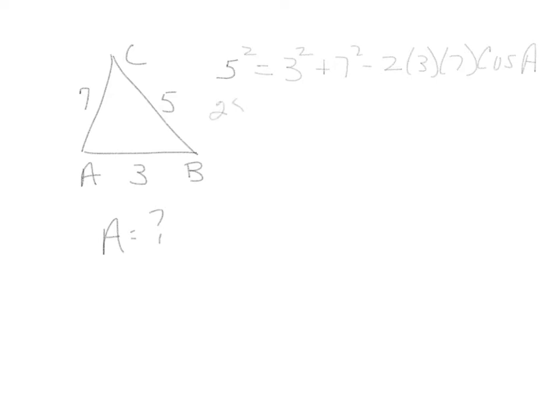This is 25, 9, 49. 2 times 3 is 6 times 7 is 42 cosine of A.